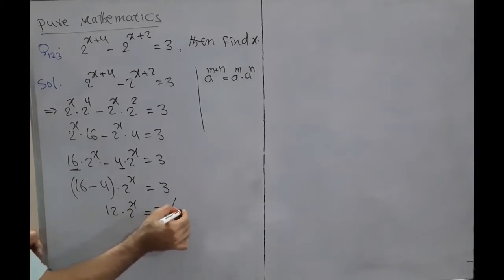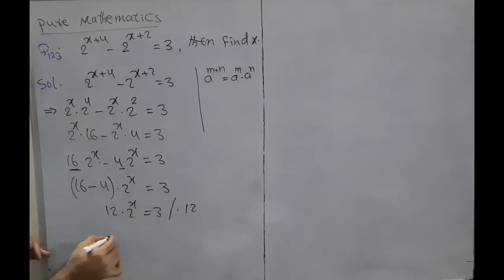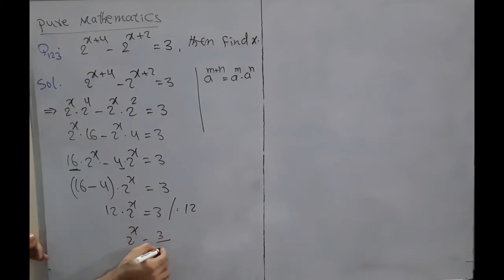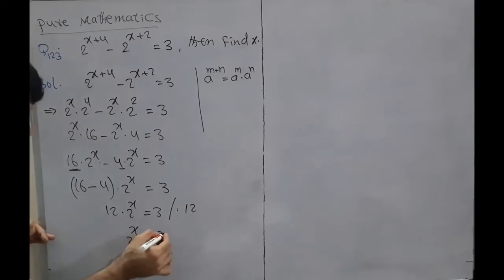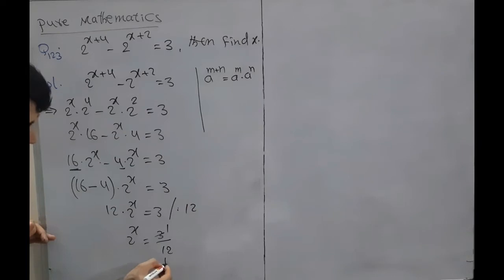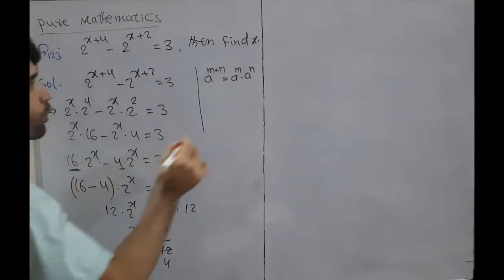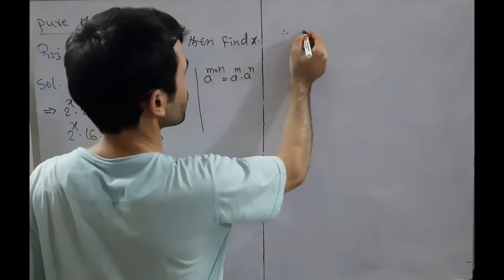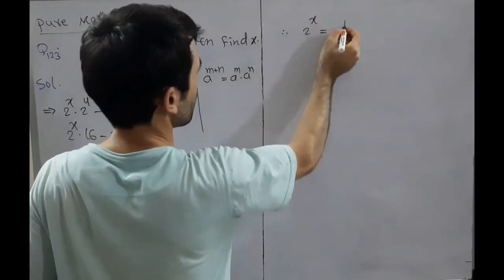Dividing both sides by 12, we get 2 to the power x is equal to 3 over 12. Now we can cancel 3 with 12. We get 2 to the power x is equal to 1 over 4. Therefore 2 to the power x is equal to 1 over 4.